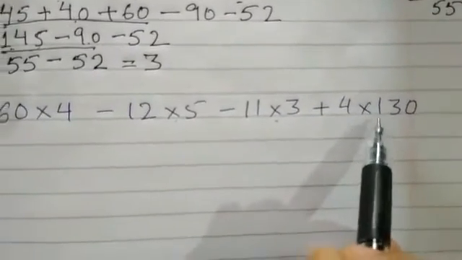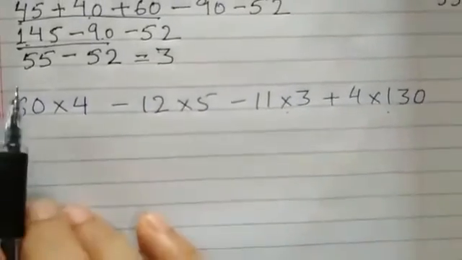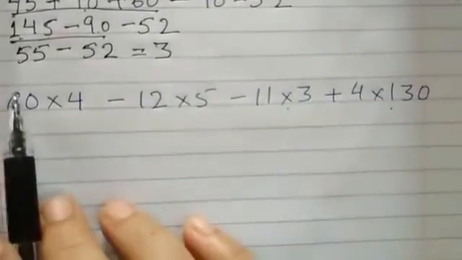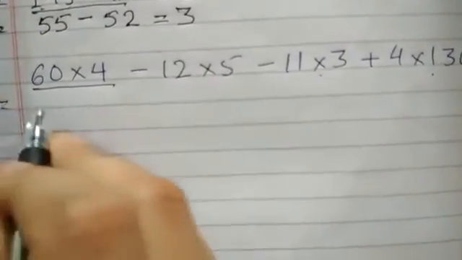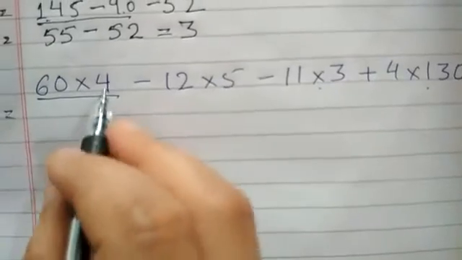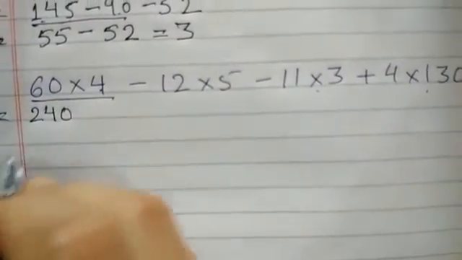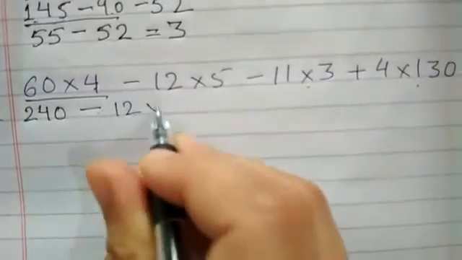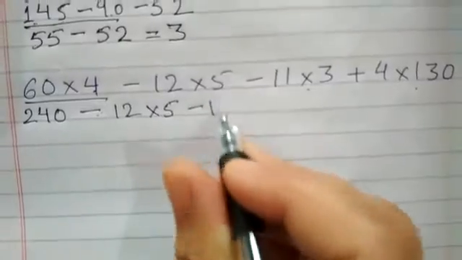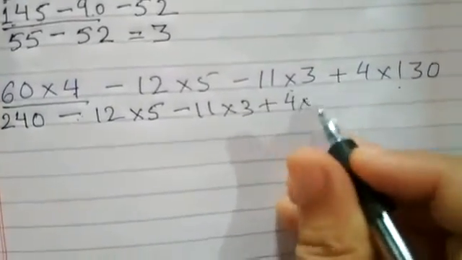But let us solve moving from left to right, so this comes first. 6 fours are, we know the shortcut, 6 fours are 24, at the end add 0, so 240. Minus, the remaining as it is: 12 into 5, 11 into 3, plus 4 into 130.